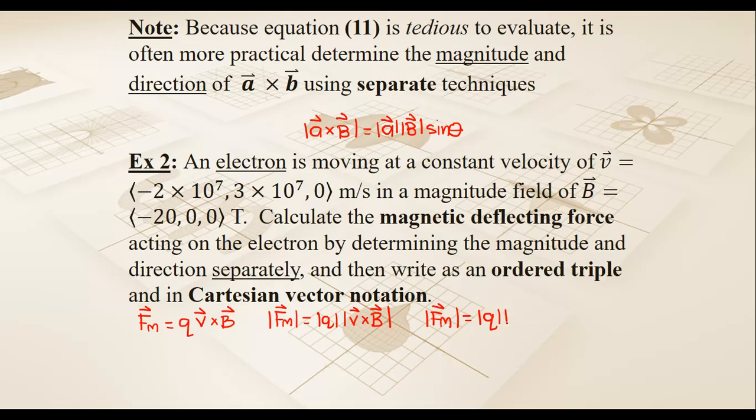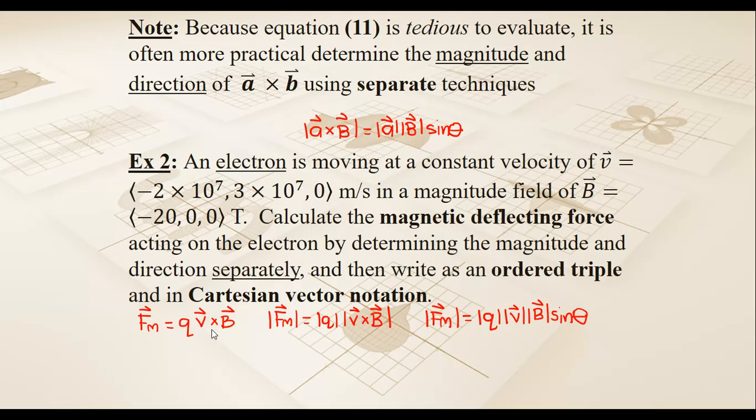So this would actually turn into Q, V, B, sine theta, because the magnitude of V cross B is VB sine theta. Now, that should look familiar because that's the equation we are using in Physics 30 to calculate the magnitude of the deflecting magnetic force. We just didn't know at the time that it was actually a vector cross product between V and B, okay? Because we didn't want to introduce that math at that point because it's quite a bit more complicated.